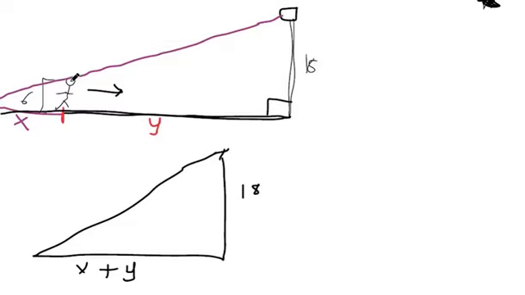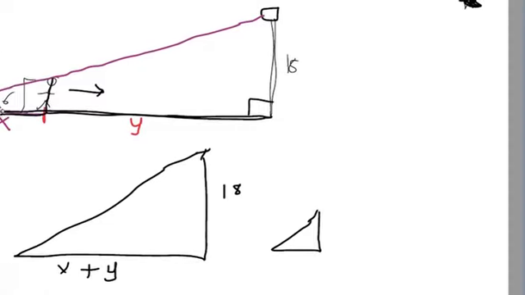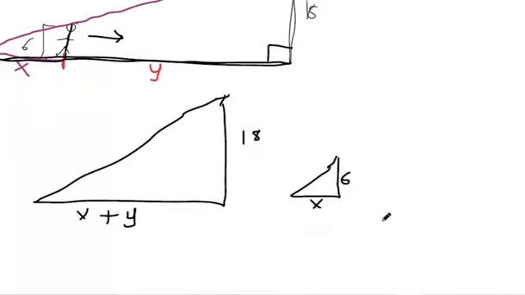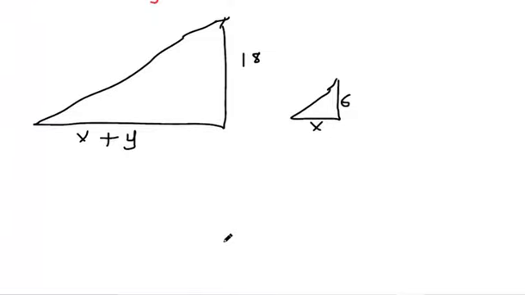And then this smaller person makes a similar triangle to that big triangle. We say it's a similar triangle because it's drawn inscribed inside the other triangle. And in this similar triangle that I'm drawing over here, this distance is x, and this person is 6 feet tall. And if you know that two triangles are similar to one another, then you can make an equation out of the ratio of the corresponding sides.